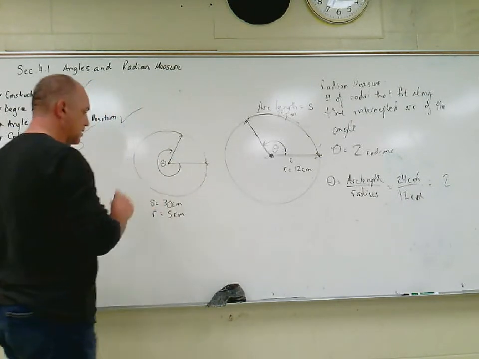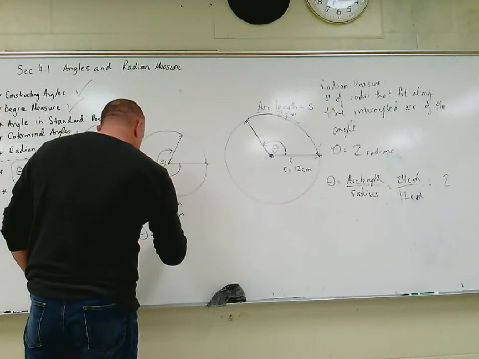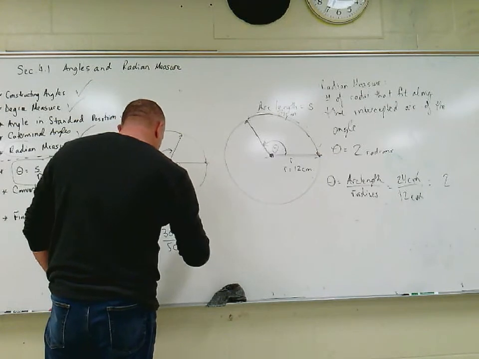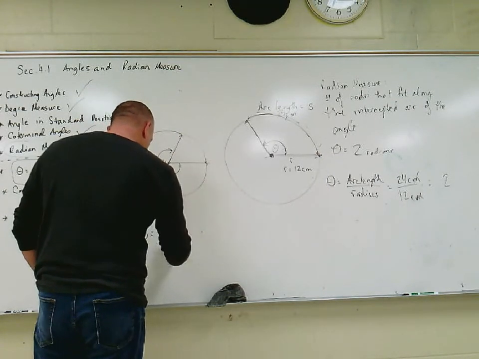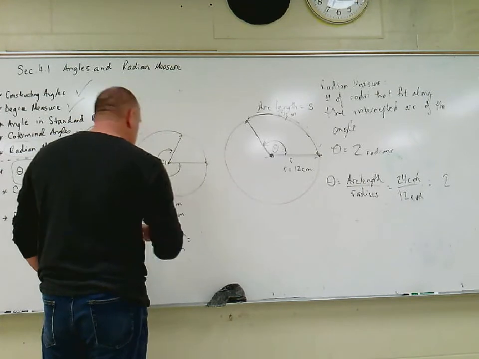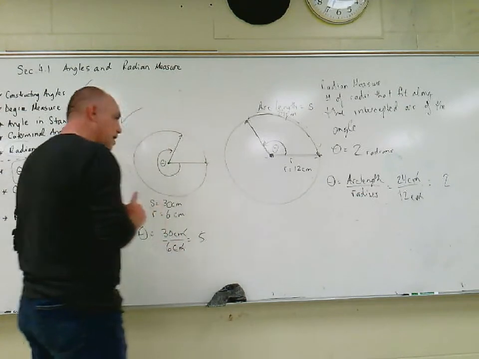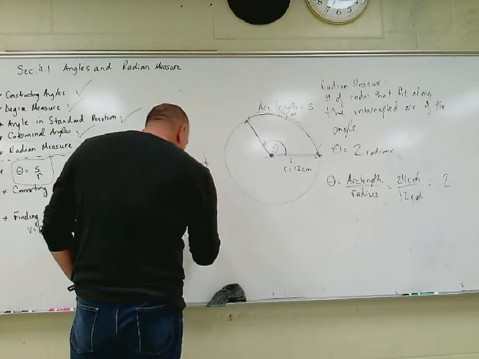Let's just say that's what we know. So my angle is going to be 30 centimeters divided by 5 centimeters, and we get, hang on, let me make the radius 6 centimeters. Centimeters cancel, we get 5. Now, since it's constructed clockwise, I need to put a negative.